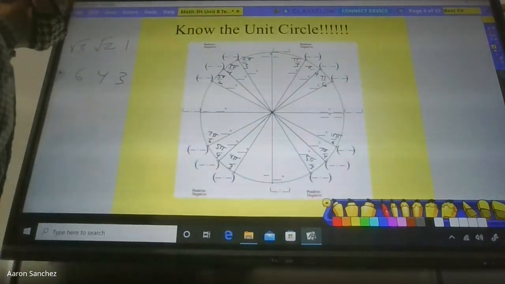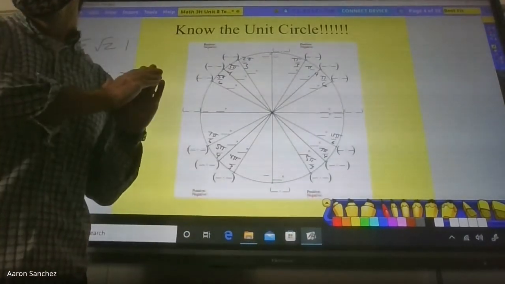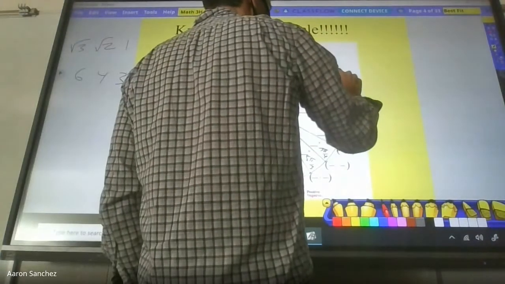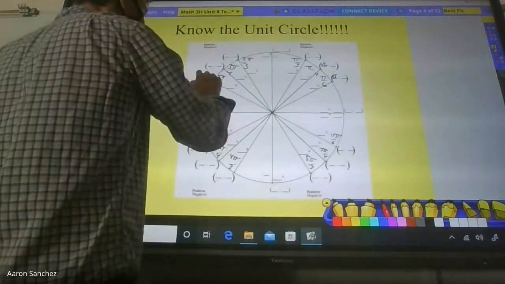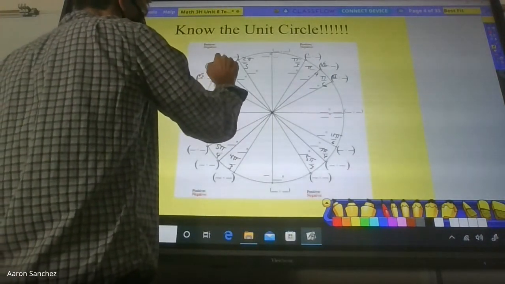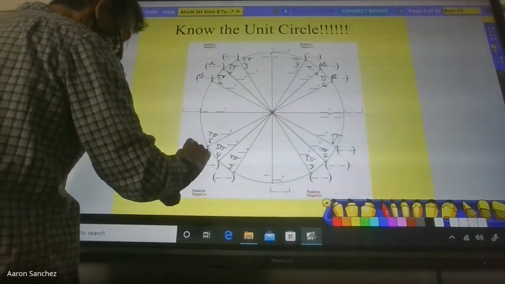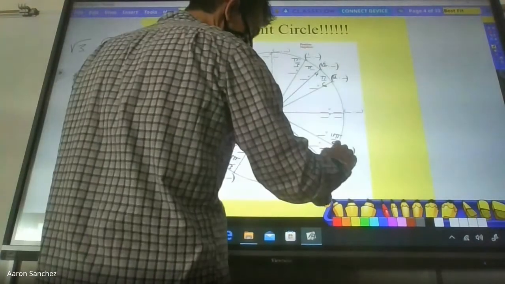Okay. Now, 3, 2, 1 on the x's, starting from the center. Root 3, root 2, 1. This is the x's on the left over here, right? Root 3, root 2, 1, starting on the left, on the center.